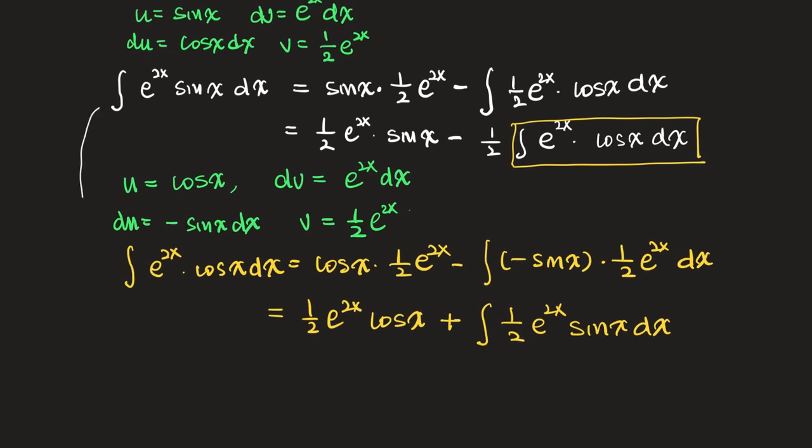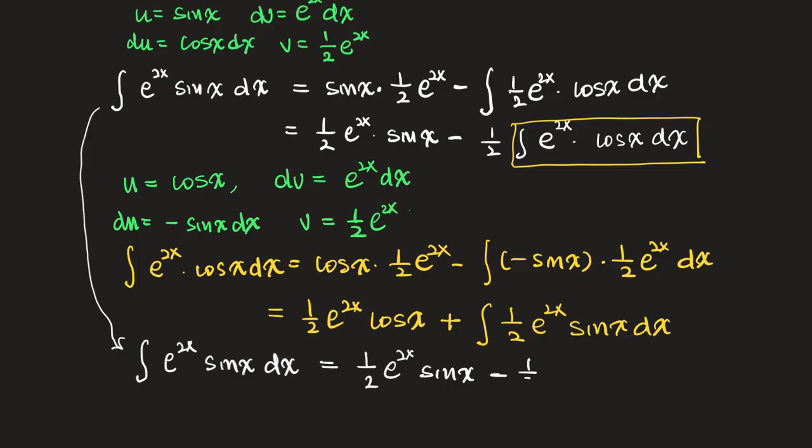Okay, guys, make sense? All right, now this one goes to here. Now let's plug the yellow into this white integral. So what happened here, guys? Integral e to the 2x sine x dx equals 1/2 e to the 2x sine x minus 1/2 times the big thing right there: 1/2 e to the 2x cosine x plus integral 1/2 e to the 2x sine x dx.